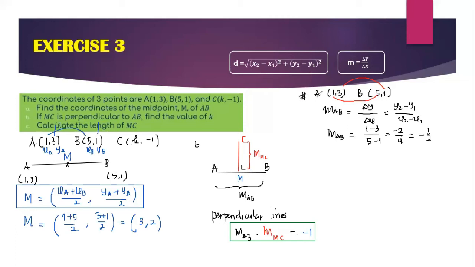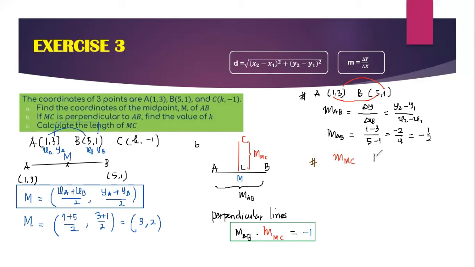Now we go to the second step. The second step is to find the gradient MC. We're going to list again the coordinates.